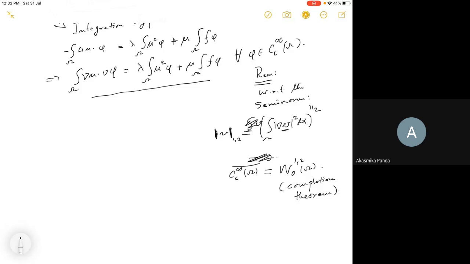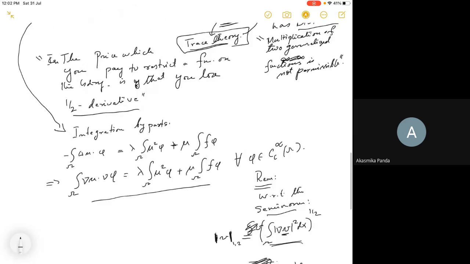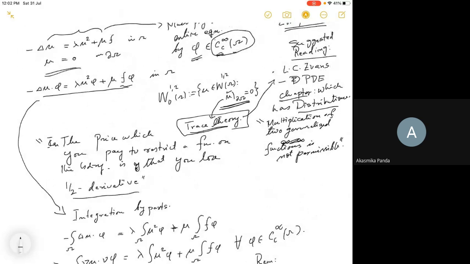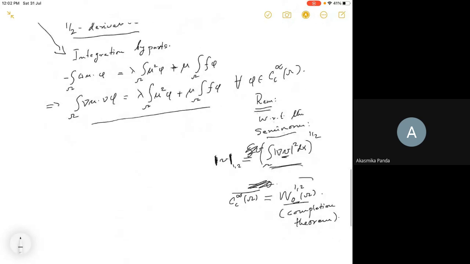So with respect to this semi-norm on this space, this becomes a norm because on the boundary you have 0. If something is 0 on the boundary, and you know that the function is constant, then it has to be 0 in the interior also. So this semi-norm becomes a norm when you are dealing with W012 space, but it's not a norm when you are dealing with W12 space.